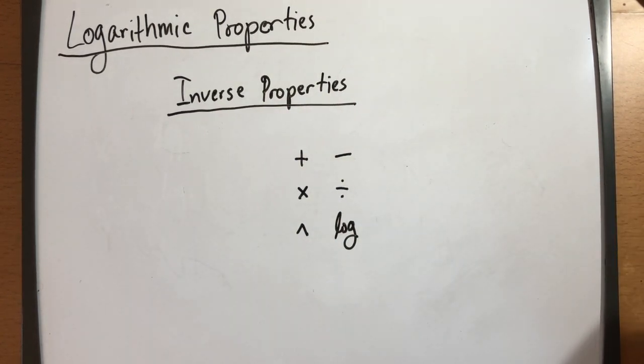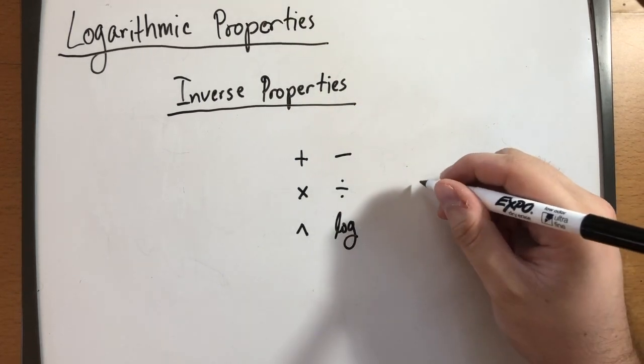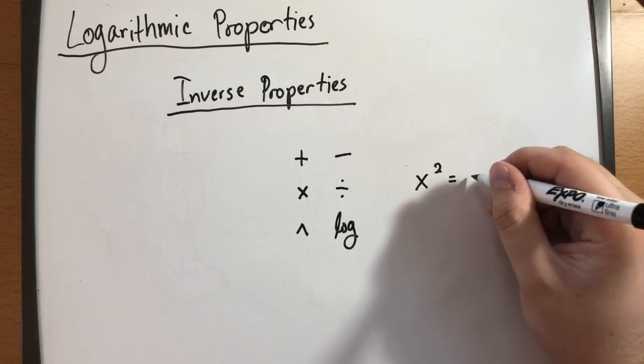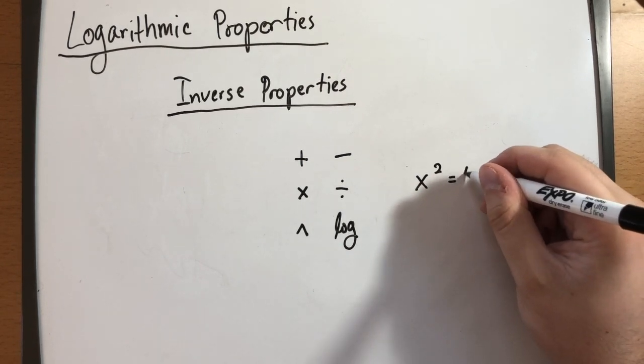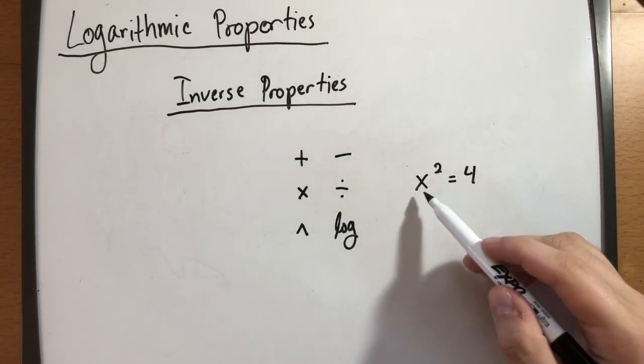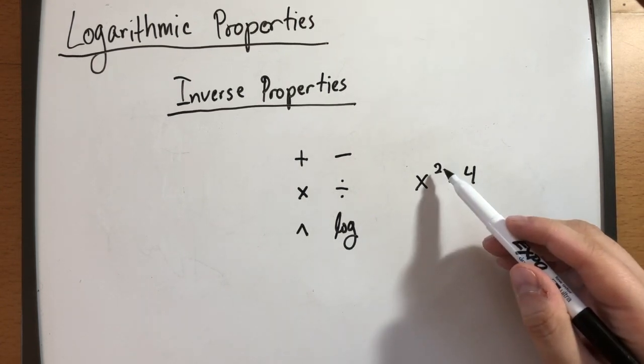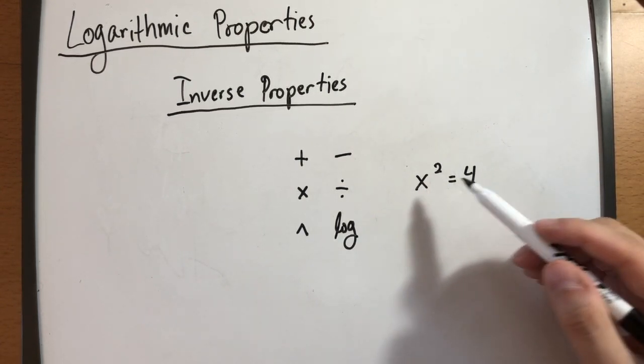Now you may be thinking to yourself, wait, wouldn't the inverse of an exponent be a radical? No, it would not be. So for example, x raised to the 2 is equal to 4. So you're trying to figure out what does that x have to be equal to? Well, I can get rid of the exponent by taking a root.